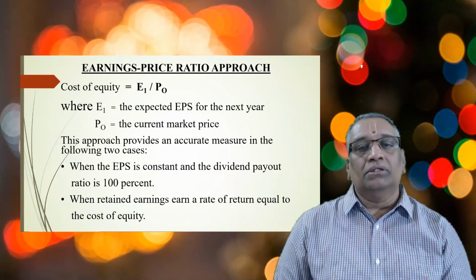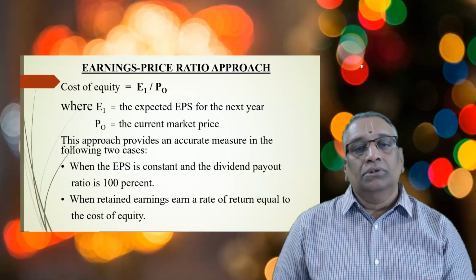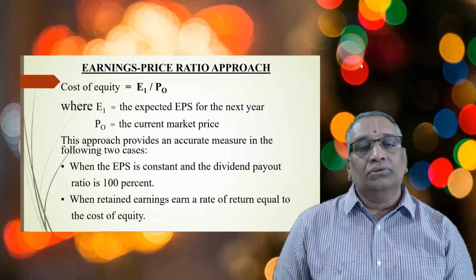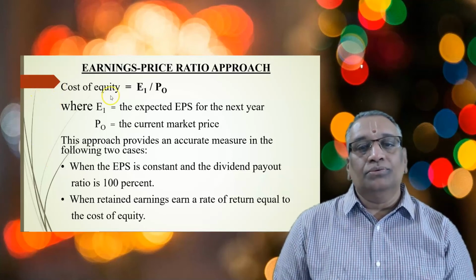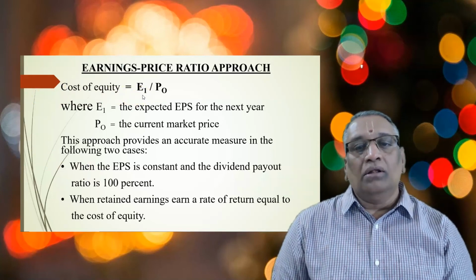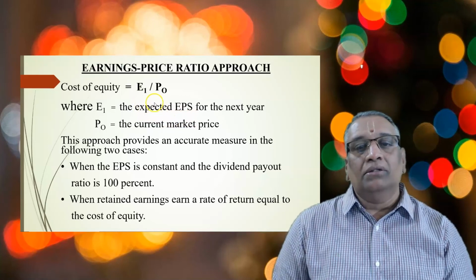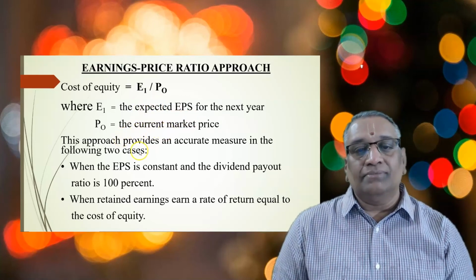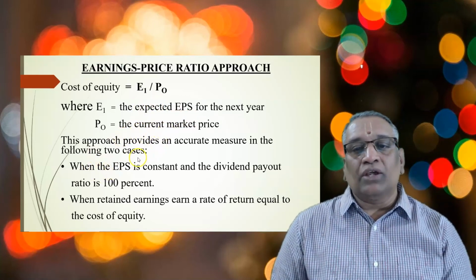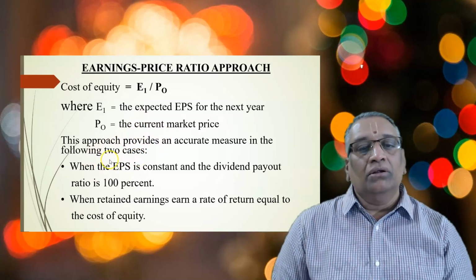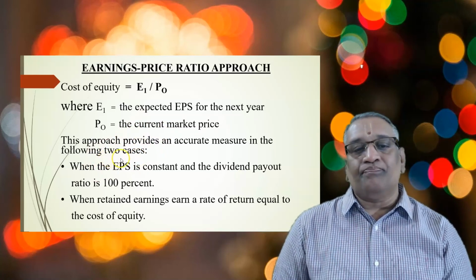Now we move on to the third approach, earnings price approach. So under this approach, cost of equity is equal to E1, that is the expected EPS for the next year, divided by P0, which is the current market price. So this approach provides an accurate measure in the following two cases.